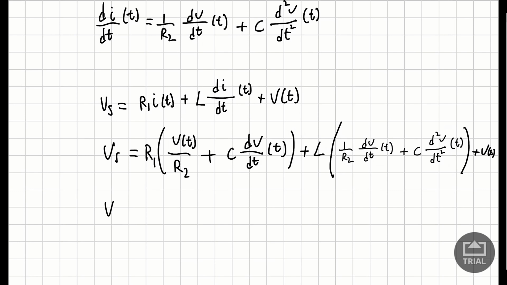We just multiply this in, sorry, not solve, but simplify.